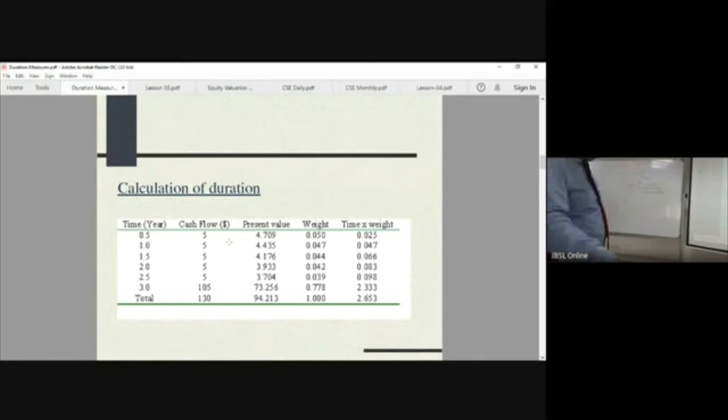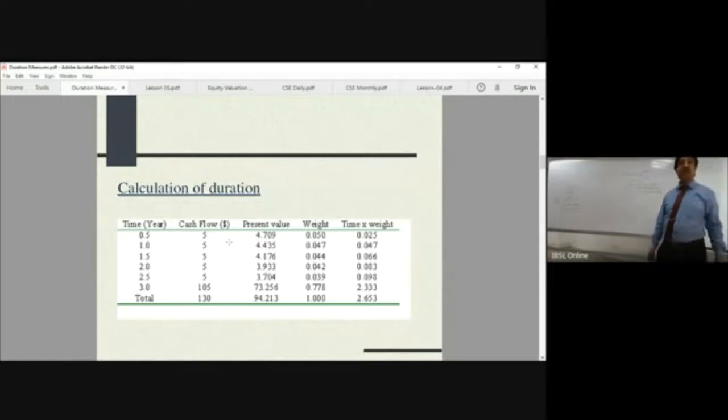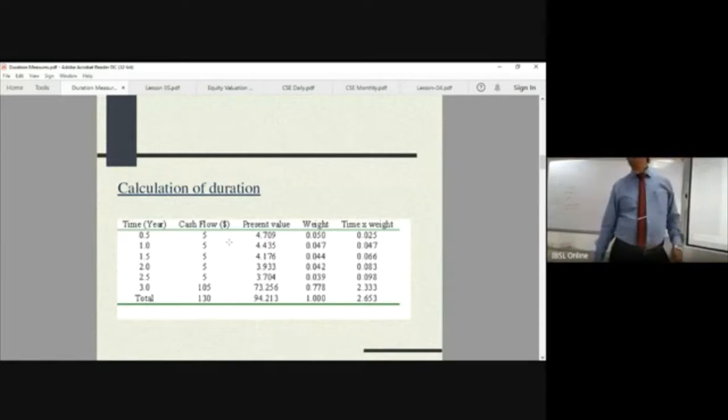Now, just look at it. Weight is, if you get the total of the present values, this total is the price. Now, this cash flow as a percentage of this, or as a portion of this, that is what you call the weight. In other words, 4.709 is to be divided by 94.213, and you should get 0.050.